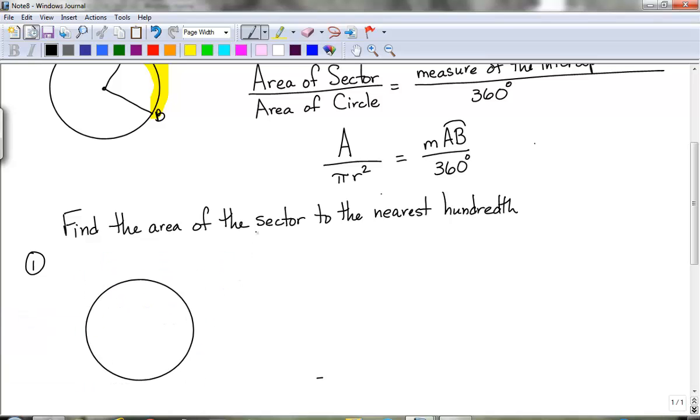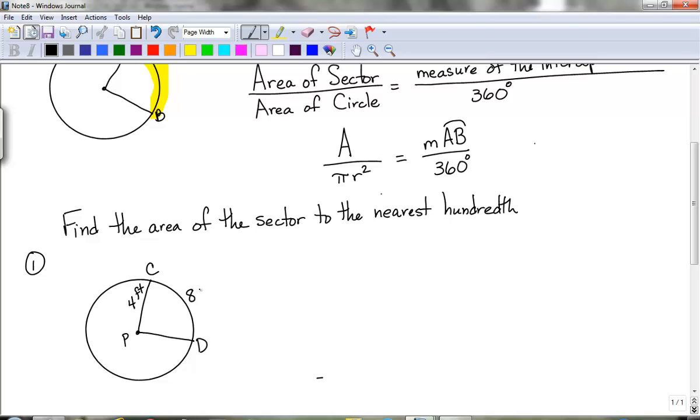Okay. On this one, draw a circle. Take a point in the center, label that point P. Label this point C and point D. Label this radius 4 feet.